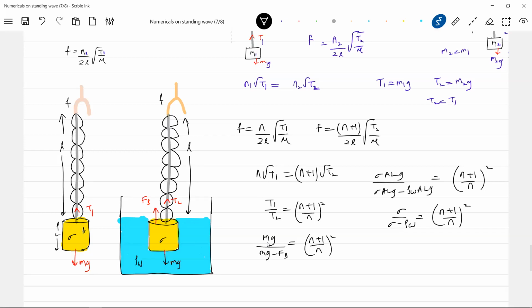So therefore this will become equal to... sigma is needed, no?